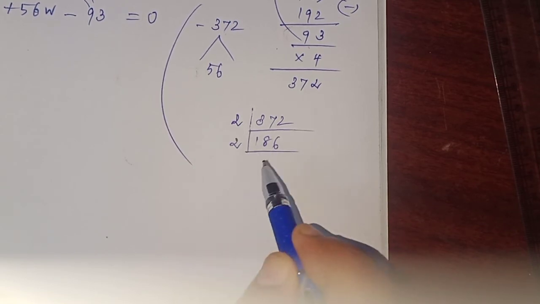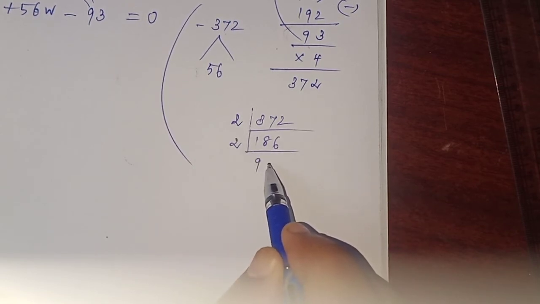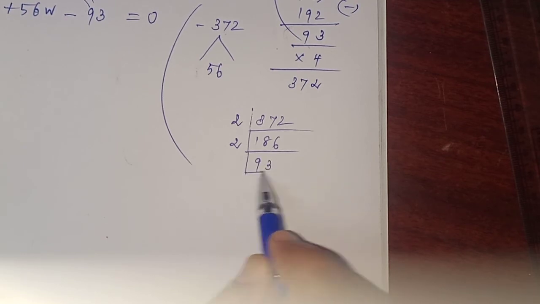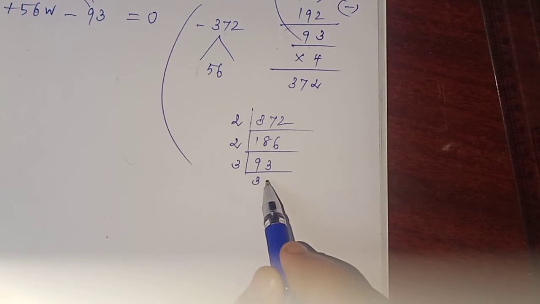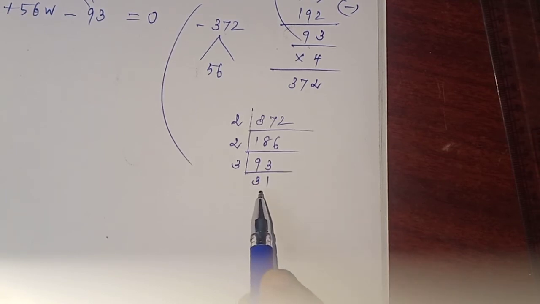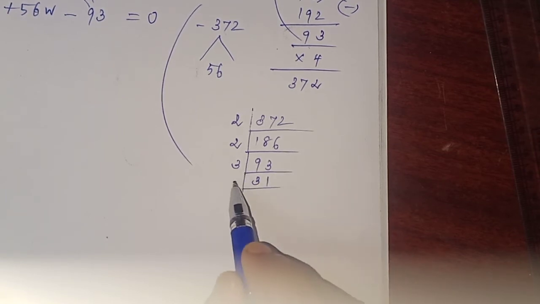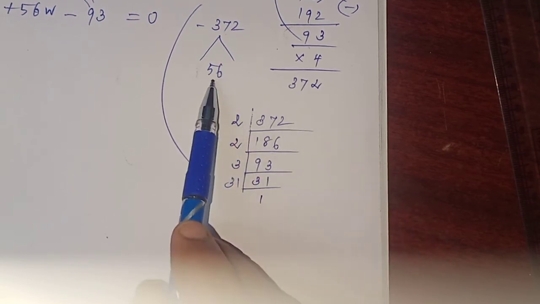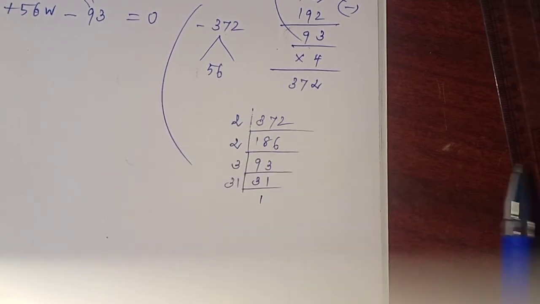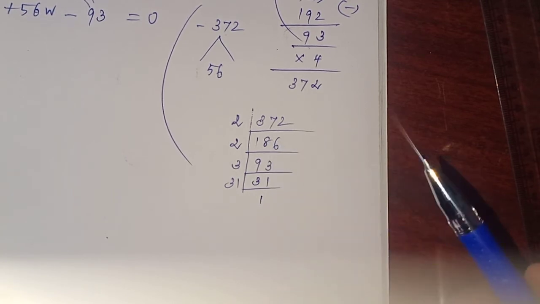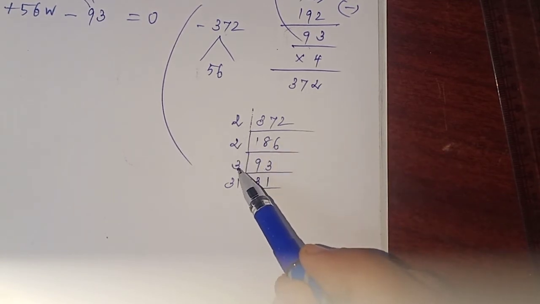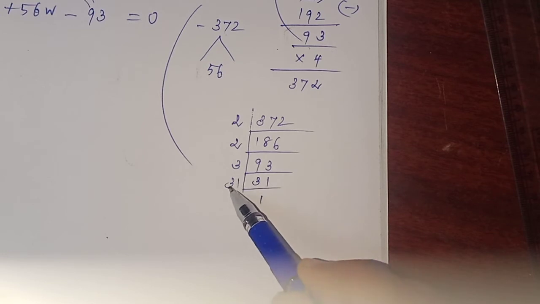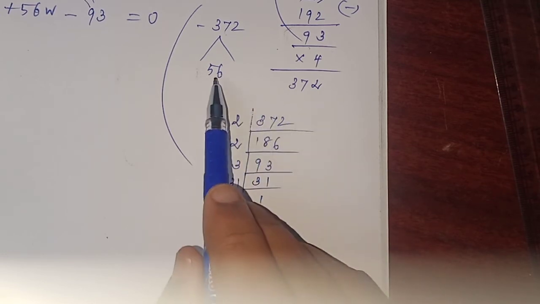Again we can divide by 2, 2 9s are 18 and 2 3s are 6. We divide by 3, 3 3s are 9 and 3 1s are 3. 31 is a prime number, so 31 ones are 31. So how to get 56? We have to get the combination. So if we take 2 2s are 4, 4 3s are 12, 12 and 31, 372 only, but no chance of getting 56.